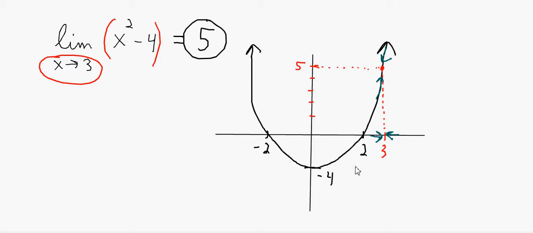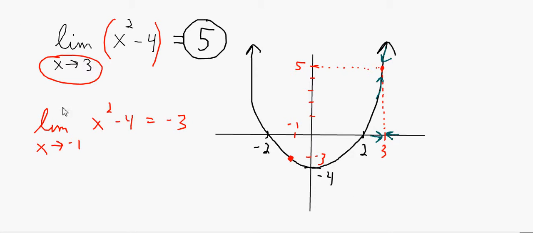Like, again, we go back here. This whole thing is continuous. There's no holes. Nothing crazy is going on. So anytime you want to find the limit, just plug it in. Like, we could change this question to, what's the limit as x goes to negative 1 of x squared minus 4? We just plug in negative 1. You get 1 minus 4, negative 3. And that's right here. Negative 1, right there, negative 3. And we're allowed to just plug in.